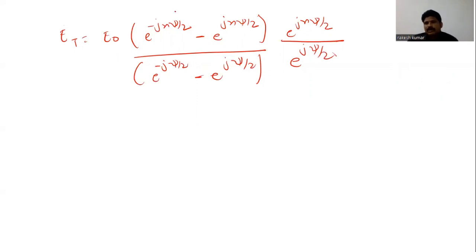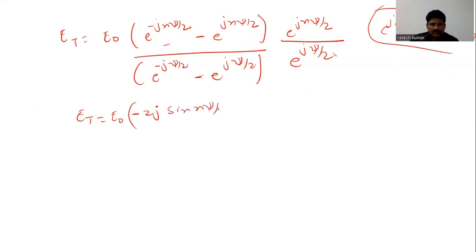So what is the formula for e power j theta minus e power minus j theta in terms of sine? Okay, so the final expression: Et is equal to minus 2j into e naught into minus 2j sine n psi by 2, by minus 2j sine psi by 2.